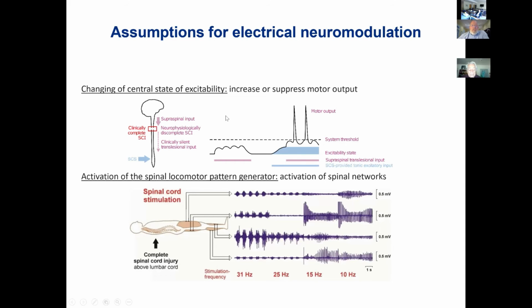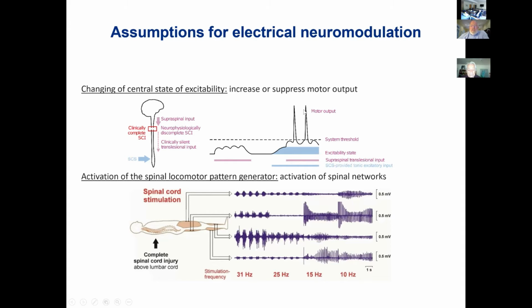There's a couple of theories about how this works. The most common one talks about increasing central excitability. This is a bit of an overly simplistic explanation for everything. It certainly could be part of things, in that you add some baseline of excitability that a voluntary command cannot excite on its own, but in combination with spinal cord stimulation and a voluntary command, now you can reach a threshold to generate motor output.